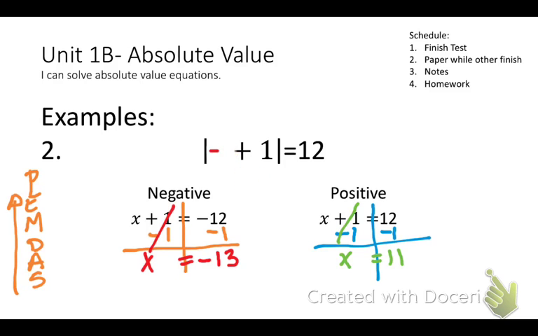Okay, well, let's try the other one. Let's try 11. So I'm putting 11 in. 11 plus 1, well, that gives me the absolute value of 12. And that works too. So really what we are doing is identifying what possible numbers could go in for our variable in our original equation.